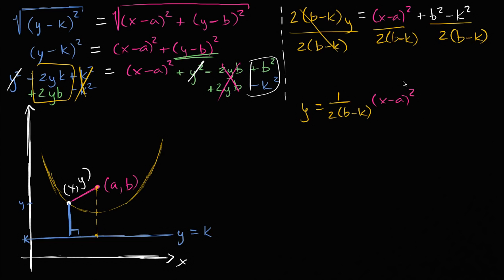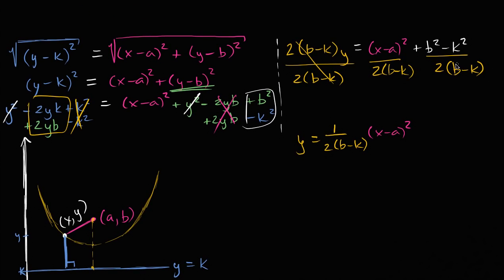All right, so then let's see if we could simplify this thing on the right. You might recognize b squared minus k squared, that's a difference of squares. That's the same thing as b plus k times b minus k, divided by b minus k.